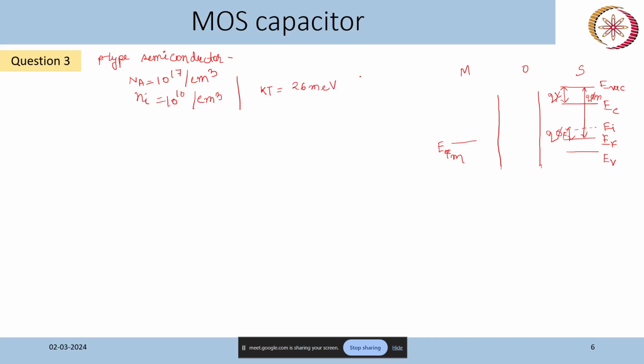Now the equilibrium hole concentration, that is, far away from the interface, since I am not considering any band bending here, p naught will be approximately equal to Na under certain assumptions. What are the assumptions?